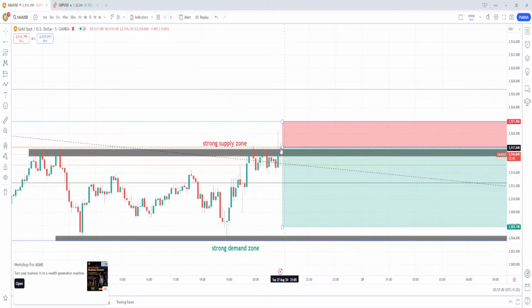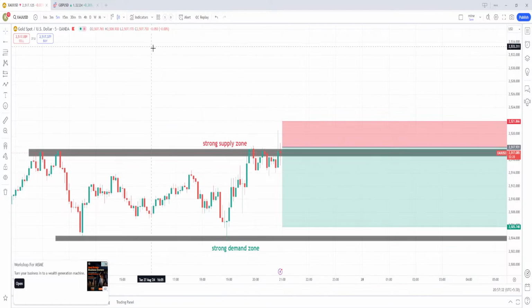We have to take the trade from here only. This is the 61.8 zone, so we made a mistake. That's why we got hit on the stop loss. Okay, let's wait and watch what is going to happen.